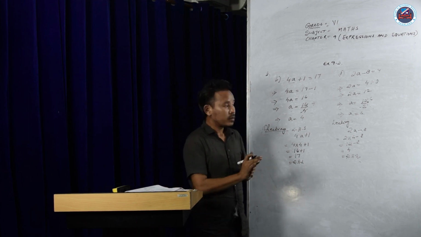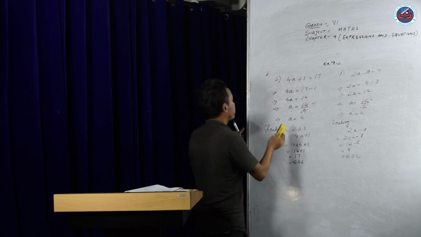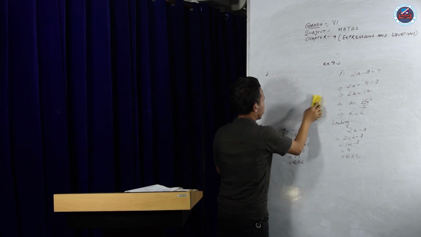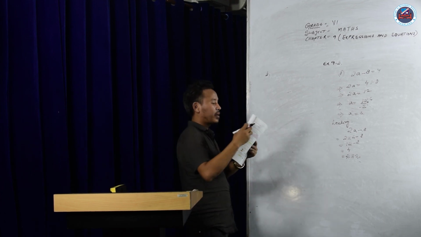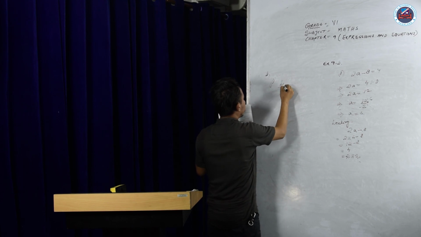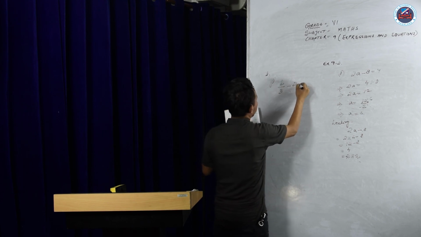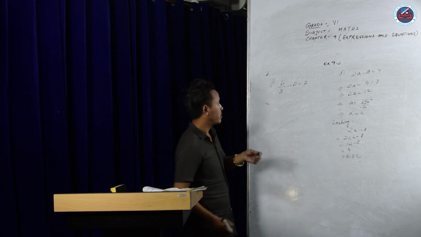Okay, let me do one more sum for you. Number G. It's b by 3 minus 2 equals 2. It's very simple. Nothing much to do here.